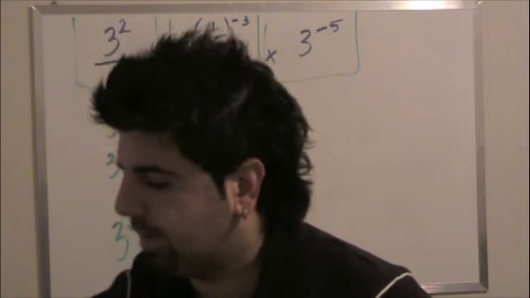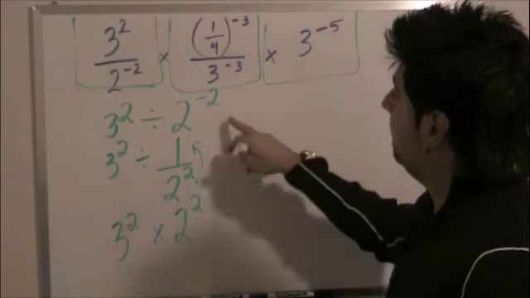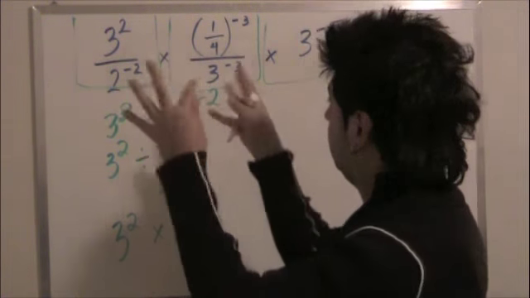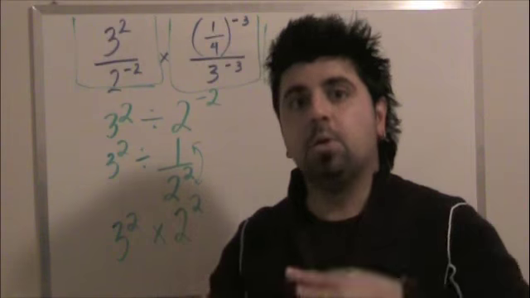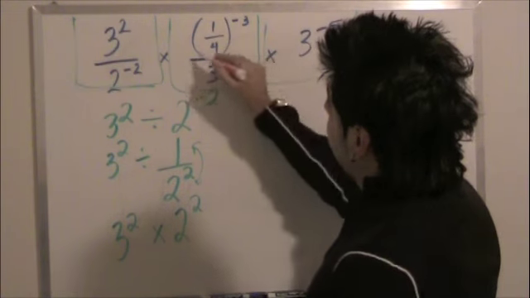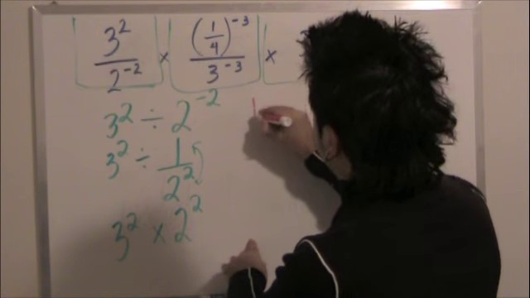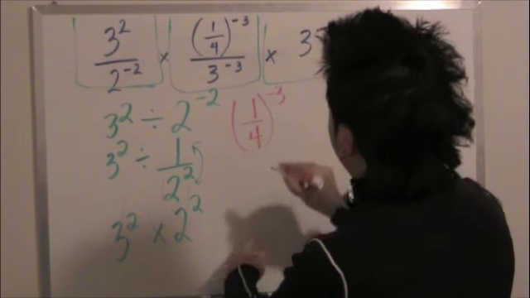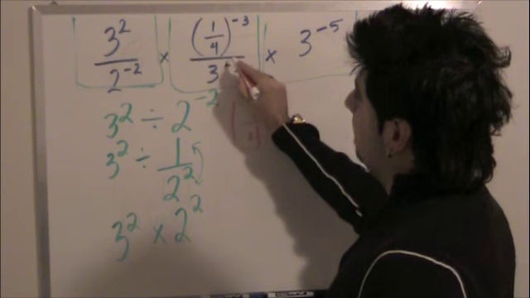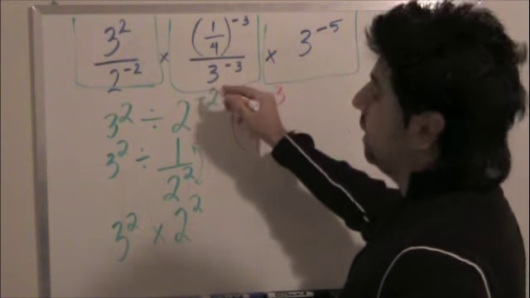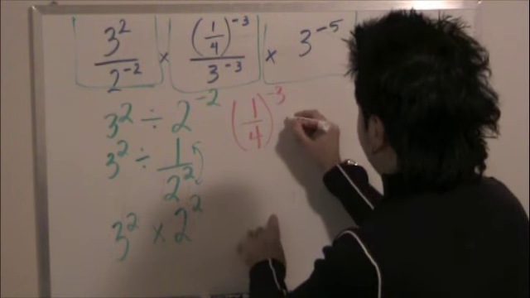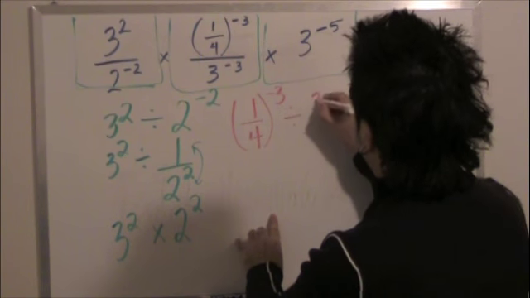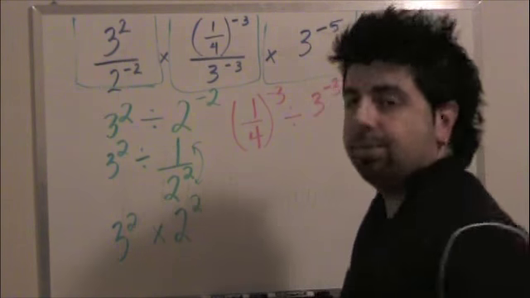Let's look at the second part now. I'm going to try to use a different pen. This next part is going to get a little tricky, but we're going to treat it the same way. We're going to take this 1 over 4, and it's to the power of negative 3. This line to separate the fraction, we're going to treat as division. So divided by 3 to the power of negative 3.